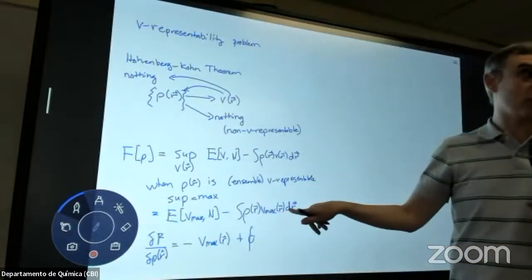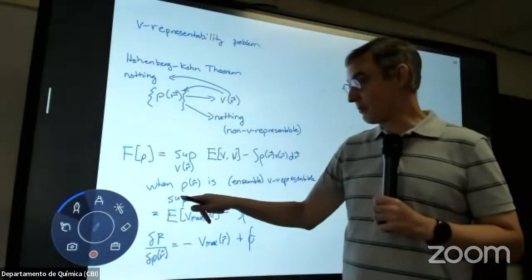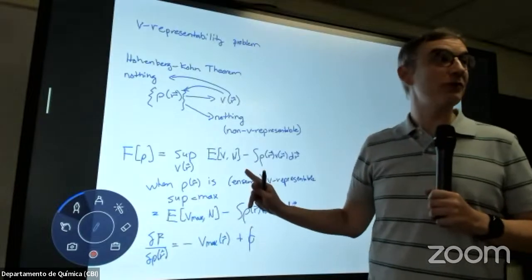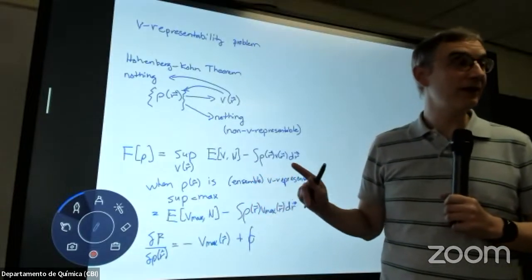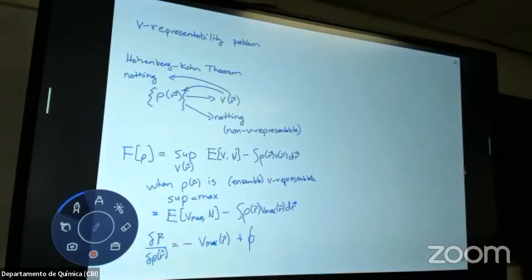Just take the functional derivative of this. Trivial, right? Okay, so this is sort of the structure in DFT. Now, everywhere that this supremum is not a maximum, you cannot do this, right? So that's one important thing to say.